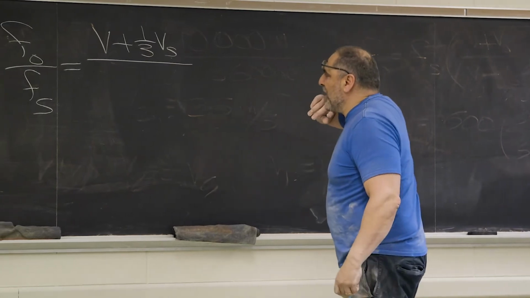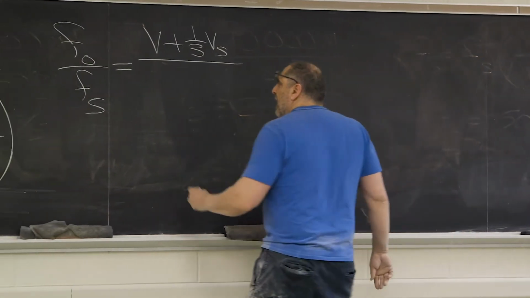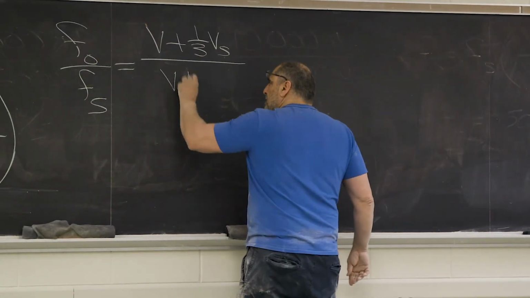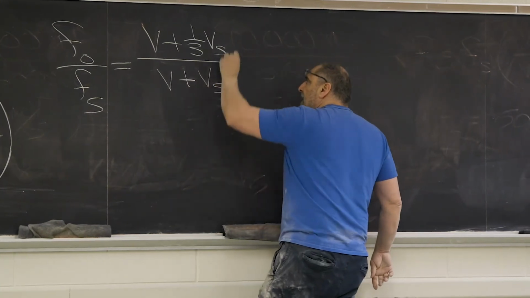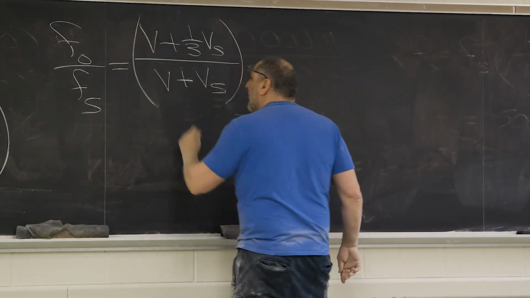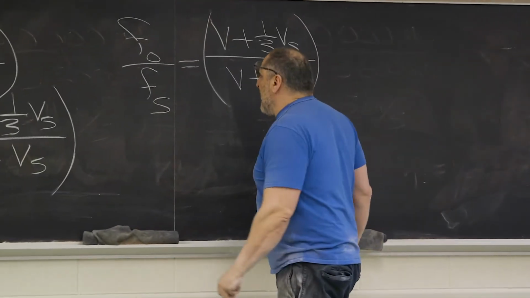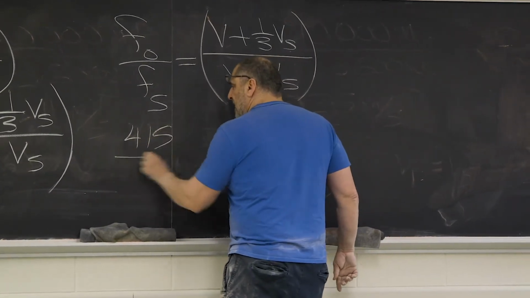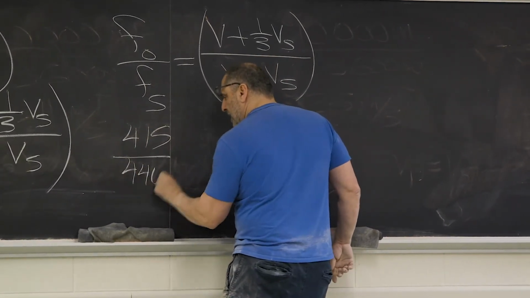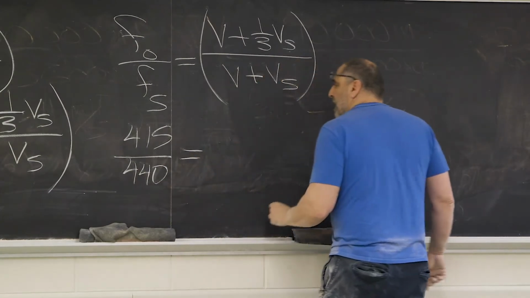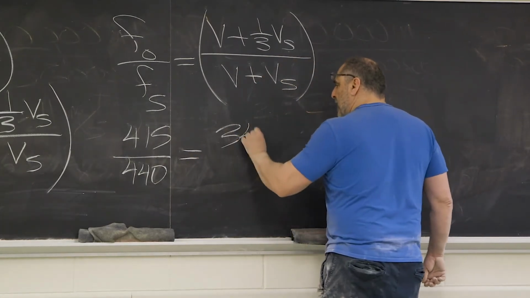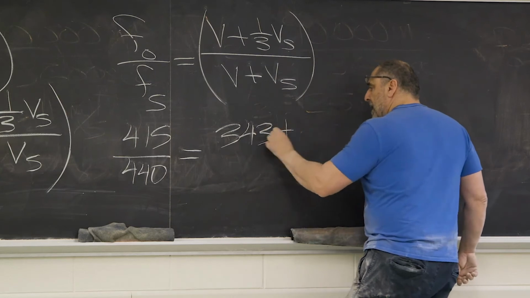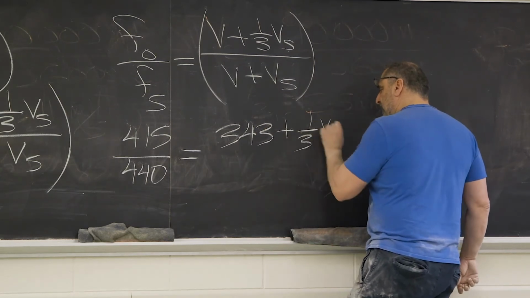V plus or minus 1/3 VS. This is this. Sounds good. You are taking 415 over 440. You got 343 plus 1/3 VS.